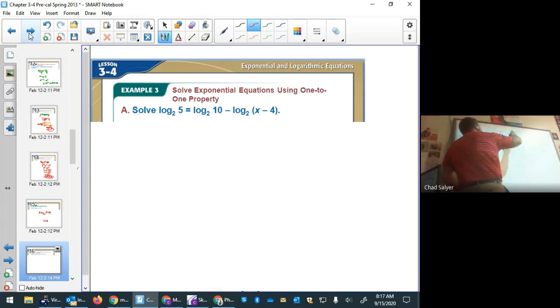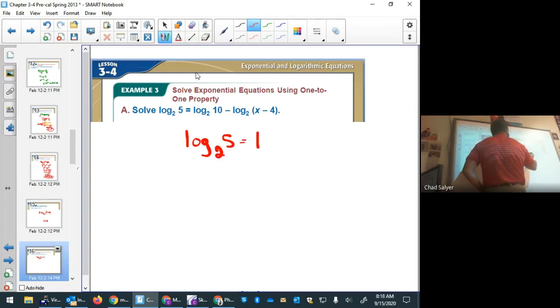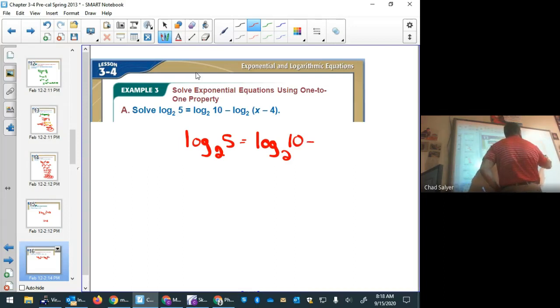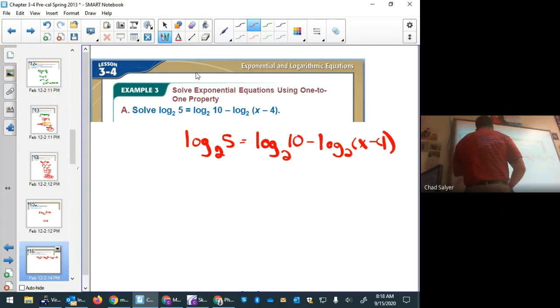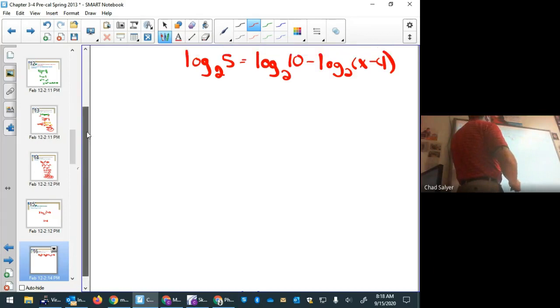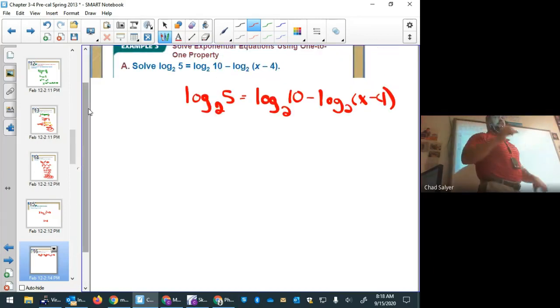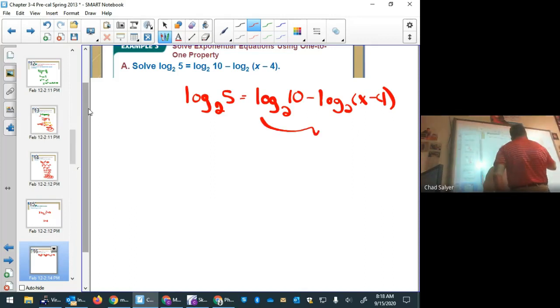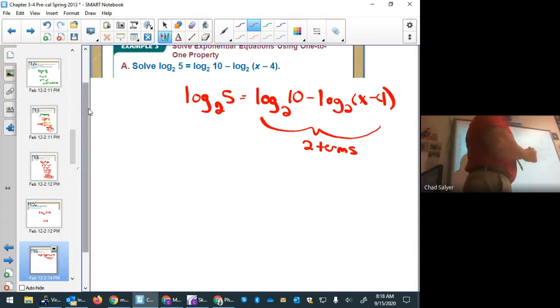So now let's solve a more complicated one. These are kind of fun because we have to use those laws of logs from yesterday. So before we can apply the one-to-one property of logarithms, we need to condense that right side to a single logarithmic term. In other words, this is 2 terms. We need it to be 1.